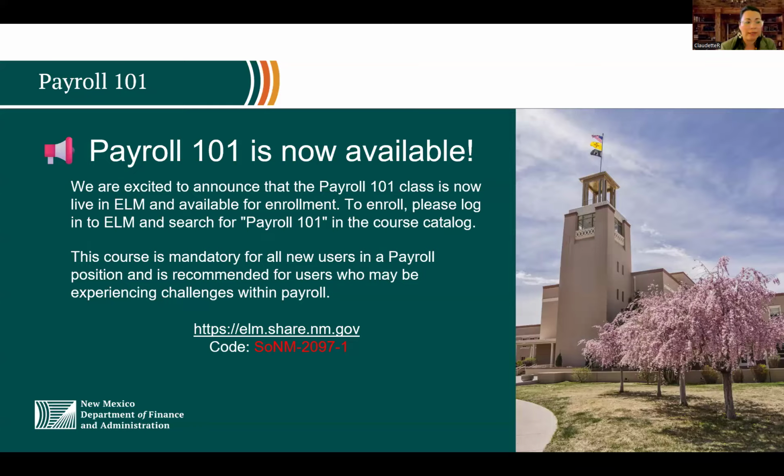It takes about an hour and a half to complete the course, but you can do it on your own timing, or if your management team tells you that they want you to take it, you can go into ELM and provide the code SONM 2097-1. Once that course is completed, please submit your certificate of completion to FSS, and you can use other submission and put Payroll 101 certificate.